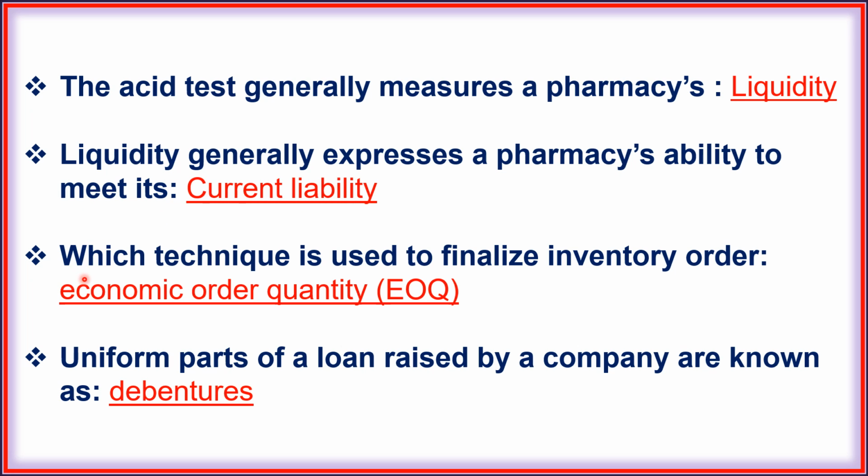Next, which technique is used to finalize inventory order? That is economic order quantity, EOQ. Next, uniform part of a loan raised by a company are known as debentures.